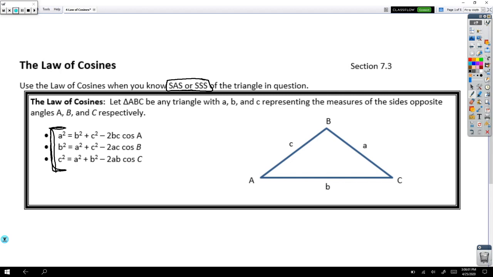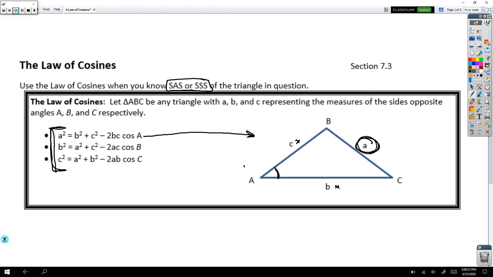If we look at the first equation, just to kind of show you on this triangle what's going on, we're going to try and find side A, given that we know B, C, and angle A. Alright, so that's SAS, right?